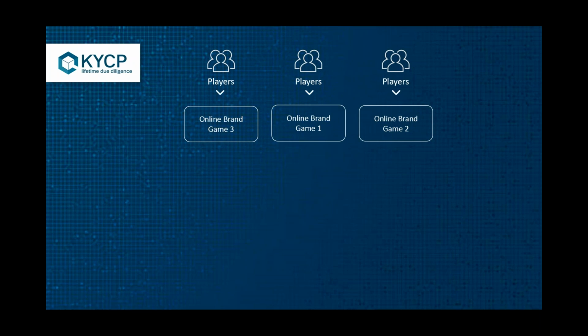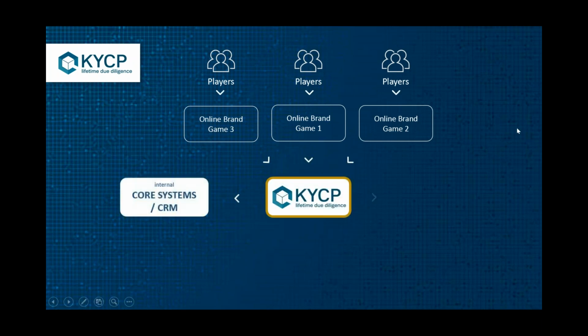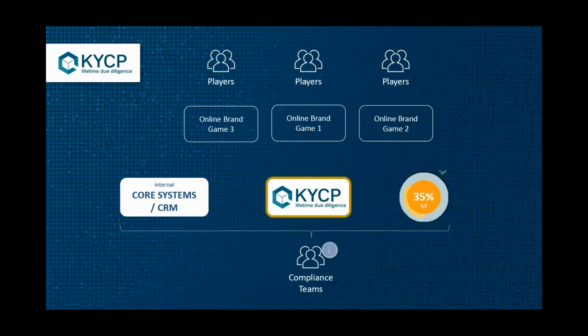So what we're seeing over here with KYC Portal, irrespective of how many brands you have online, irrespective of how many players are logging in, the system via the API is updating KYCP with all the data. It's updating the KYCP with new players, merging them if they should be merged. It's updating the data of existing players if the players change the data.